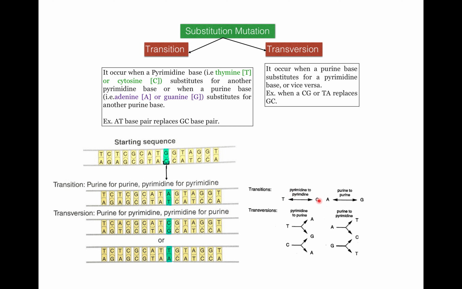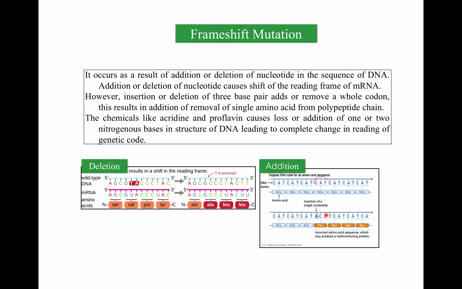So T is replaced by C or C is replaced by T. In case of purine, A is replaced by G or G is replaced by A. It is a transition. And in case of transversion, T is replaced by A or G, C is replaced by G or A. Or A is replaced by T or C, or G can be replaced by C or T. So this is transition and transversion.